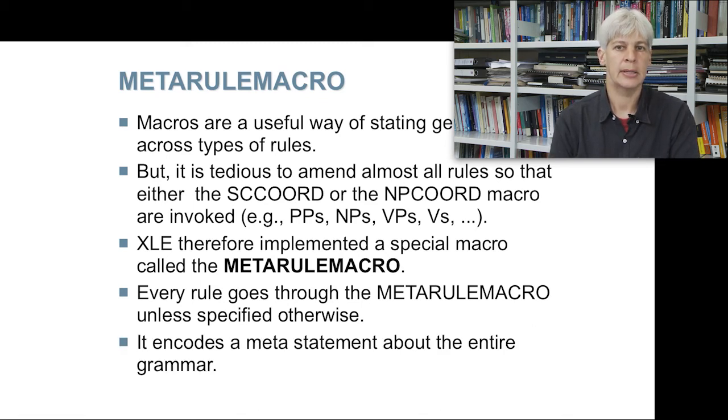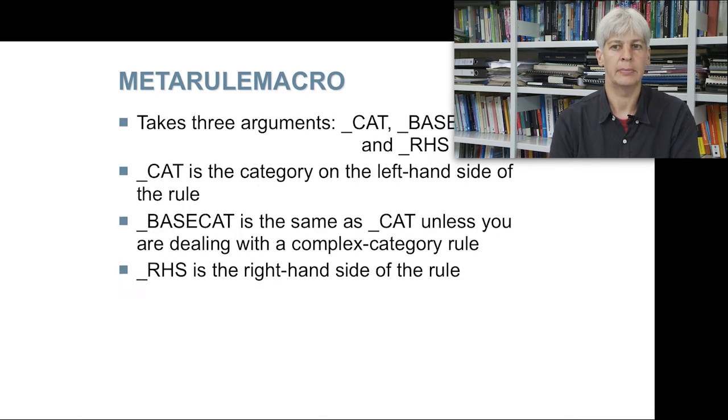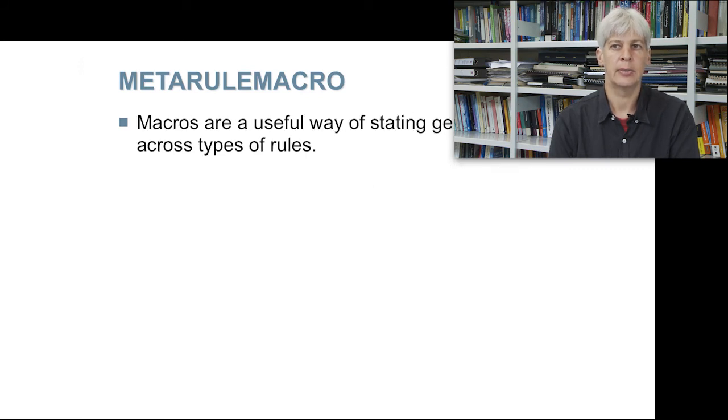So it's a meta statement across the grammar. It says this is true of the entire grammar, of all the rules in the grammar. So you can't use it for many things, but coordination is one of the things you can use it for. Okay? So it never gets called up in any of the individual rules. It's a meta statement about the entire grammar, and each rule in the grammar will automatically include a look at the meta rule macro. So what does this look like? It takes 3 arguments.